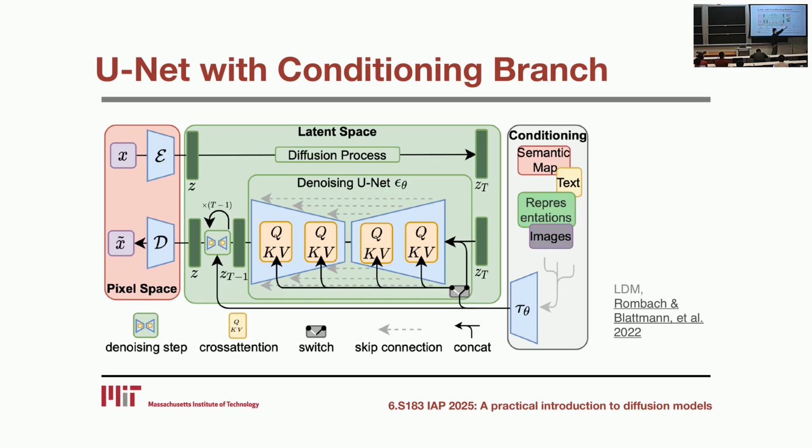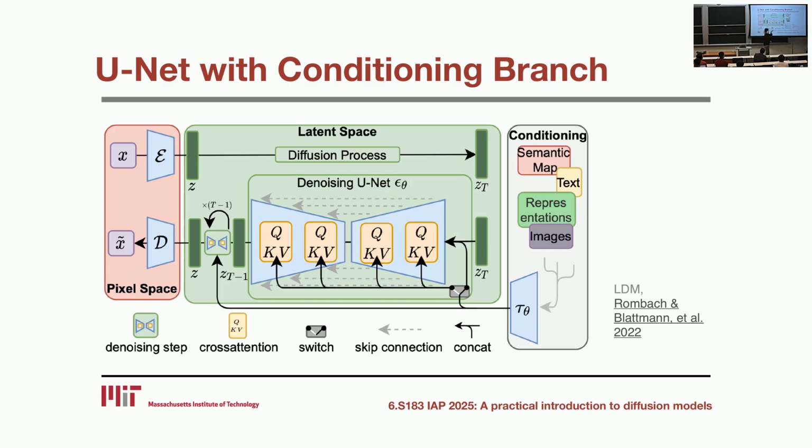All these conditional variables are embedded by some small neural network into a conditioning vector. And then this conditioning vector is sometimes concatenated to this Gaussian noise to begin your diffusion. But sometimes you flip the switch this way. Oh, sorry, I think I talked about the wrong picture.